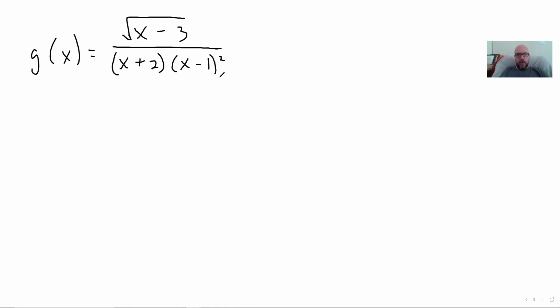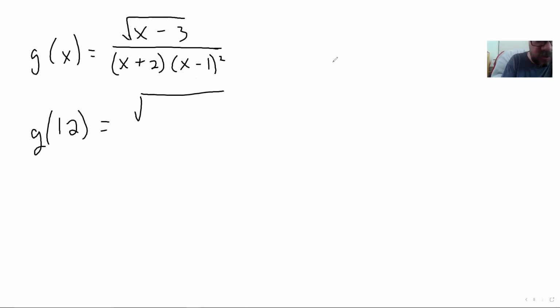So this is a bit of a mess, right? There's a lot of x's. And by the way, it's 100% fine that there's more than one x over here. Whatever goes in here just goes in for all of the x's. So if I wanted to find, let's say, g of 12, that would give me the square root of 12 minus 3 over 12 plus 2 times 12 minus 1 squared.